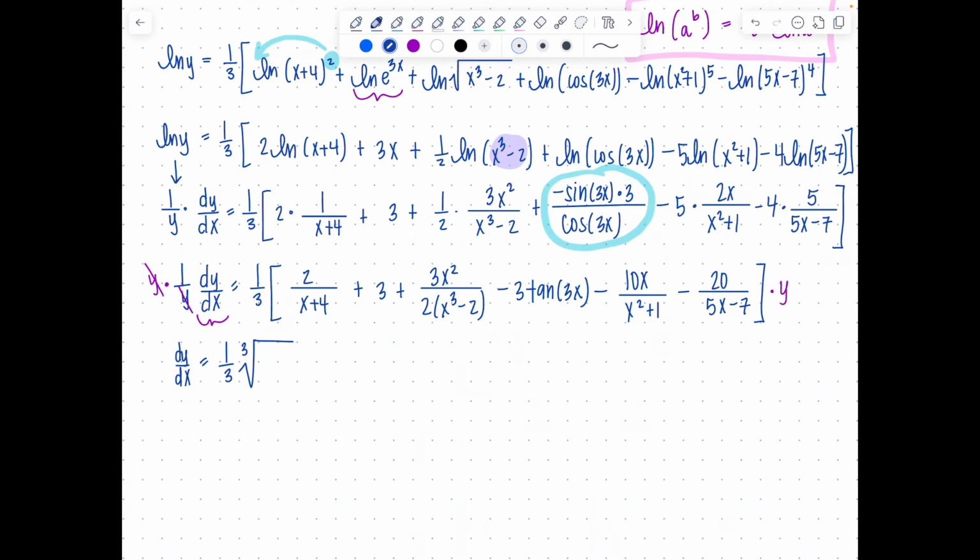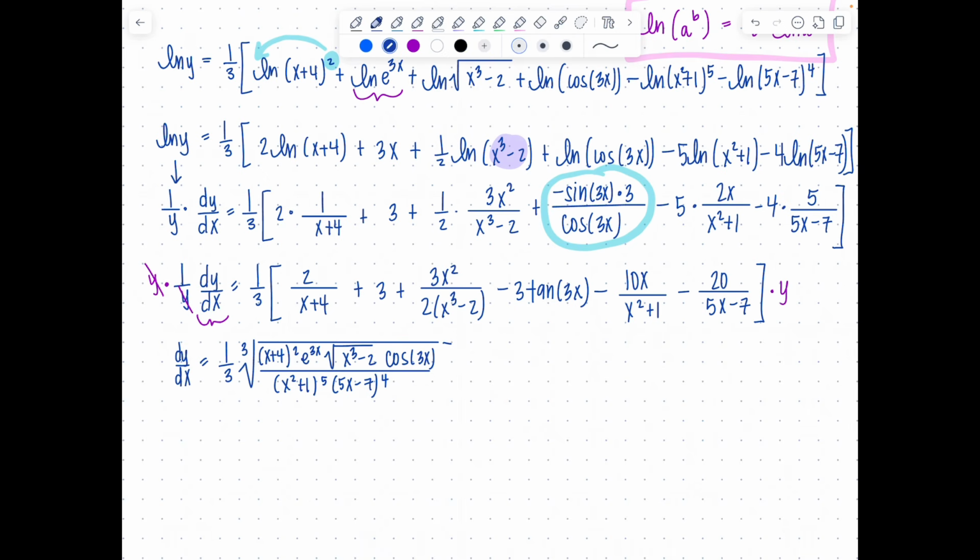So we have the cube root of this hot mess: x plus 4 squared, e to the 3x, square root of x cubed minus 2, and then what else? Cosine 3x over x squared plus 1 to the 5th, 5x minus 7 to the 4th, and then what comes next? All of this in the brackets.